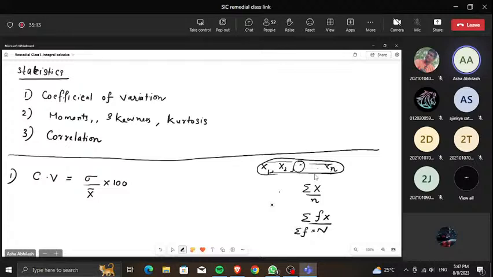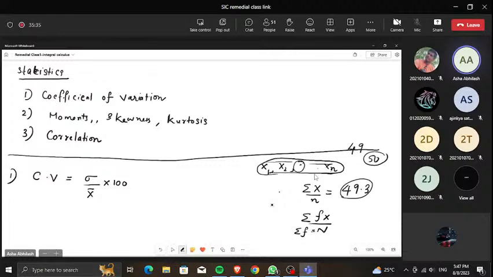Okay, suppose that when you are calculating the actual mean, you are getting 49.3. If this is your actual mean, you can take either 49 as assumed mean or 50 as an assumed mean. It will be easy if you consider 50 as an assumed mean for the further calculation.